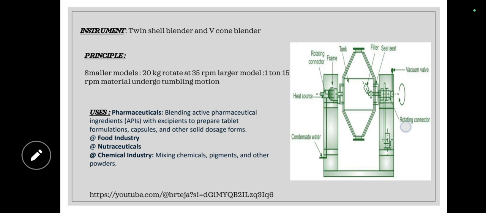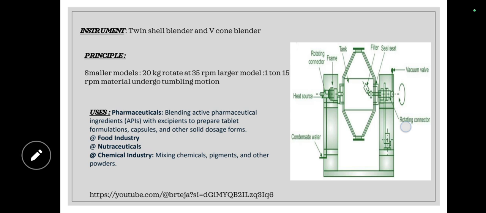They are also used in food industries, nutraceuticals, and chemical industries for mixing chemicals, pigments and other powders. This is how twin shell blender and V cone blender are helpful in industry.